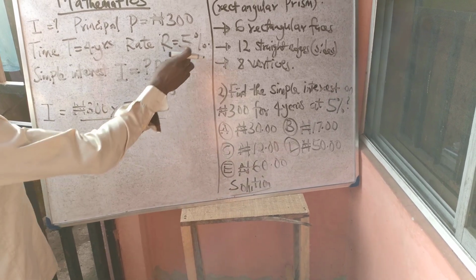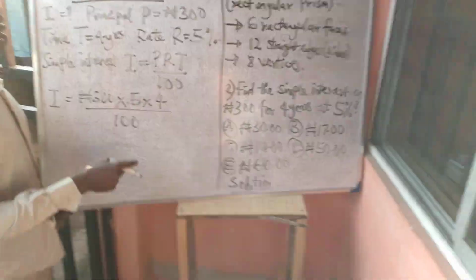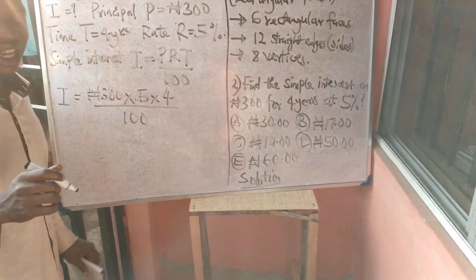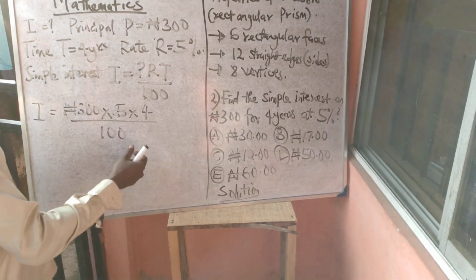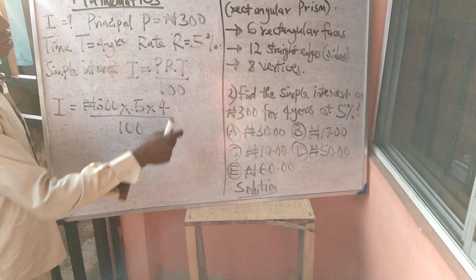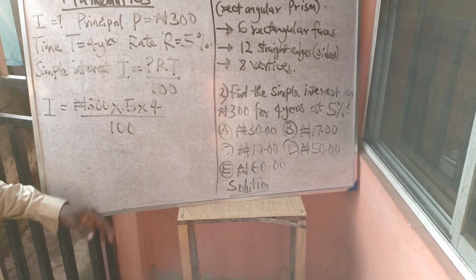Of course, you see that this percentage is actually converted to a fraction. Converting a percentage to a fraction, you divide it by 100, so the denominator becomes this. There is no need writing 5 over 100 because the 100 comes down here.